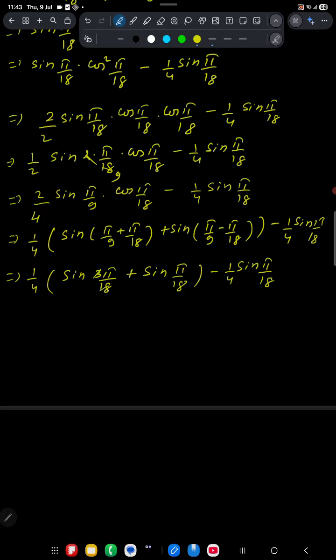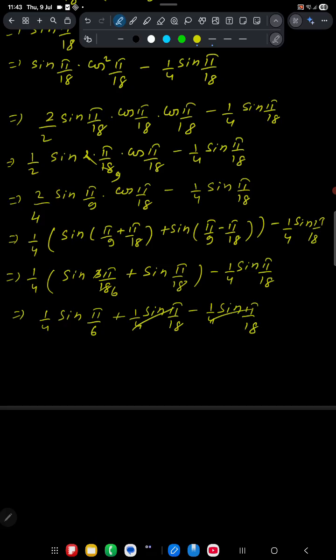In this way, pi by 3 is pi by 6. So you will get 1 by 4 sine pi by 6 plus 1 by 4 sine pi by 18 minus 1 by 4 sine pi by 18.